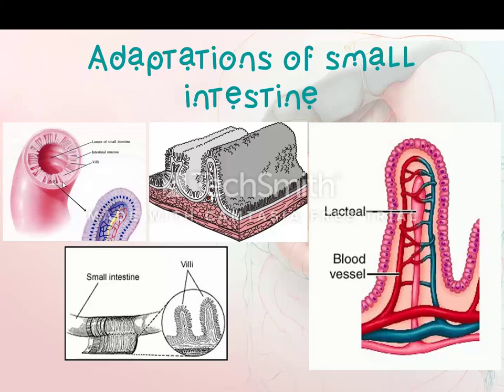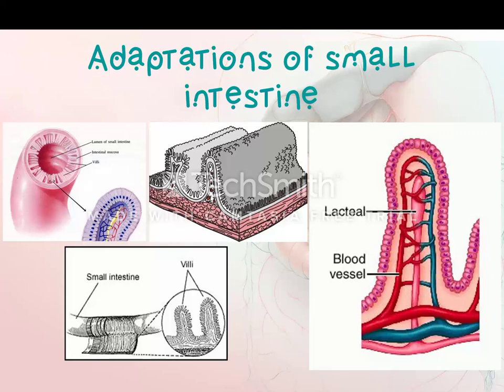Each one of those finger-like projections is called a villus. So we talk about villi, lots of villi. If I cut this open at one end and laid it flat, it would look sort of like this: muscular tissue and lining with villi on the inside.